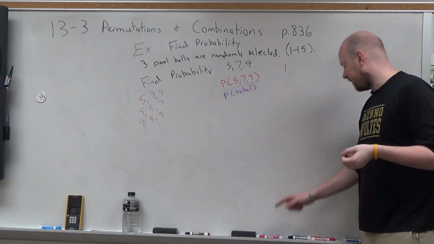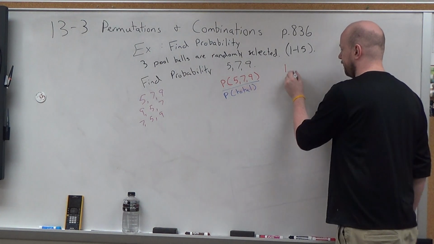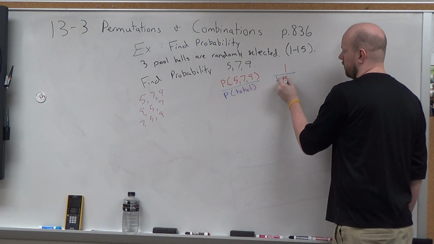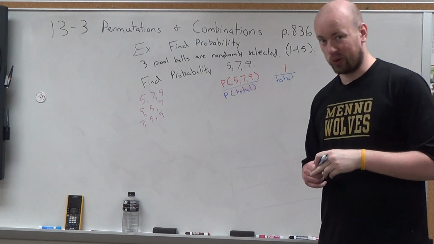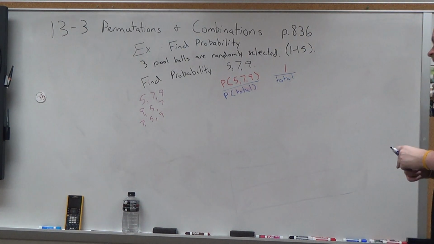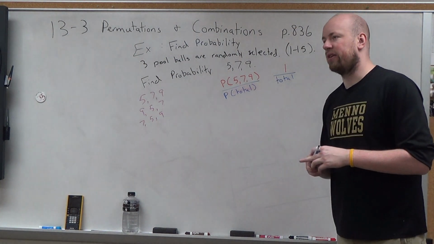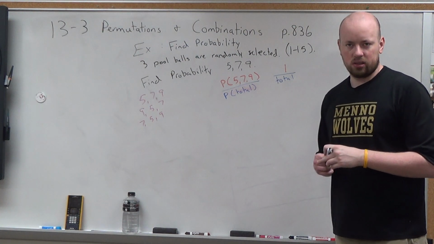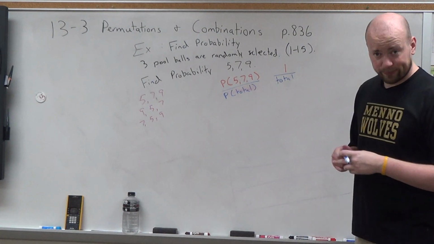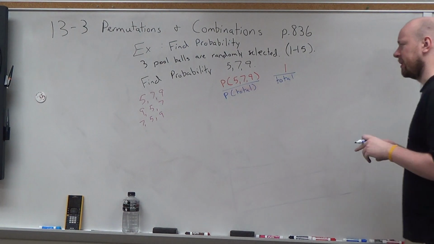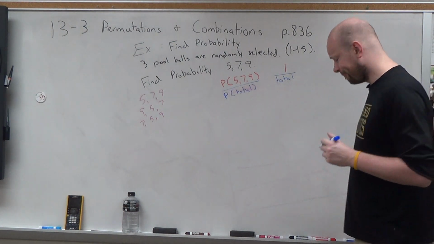The big thing is I need to figure out my total. That's the thing at work here, is I'm finding my total. Now, does selecting one pool ball in any specific order affect anything else? If I selected the 1 right away, does that really affect my other ones? No, so this one would just be, again, a combination.